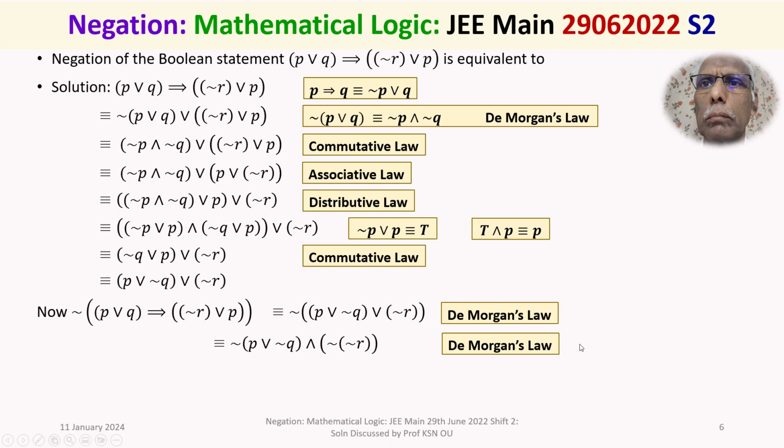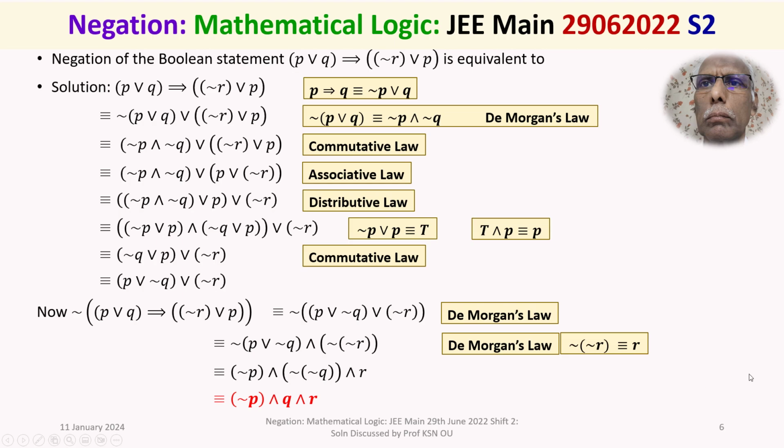And for this, we have double negation of R is R. So if you apply De Morgan's law here, this is equivalent to negation of P and negation of Q, and R. And again, negation of Q is Q. So this is equivalent to negation of P and Q and R. So that is the negation of the given Boolean statement.